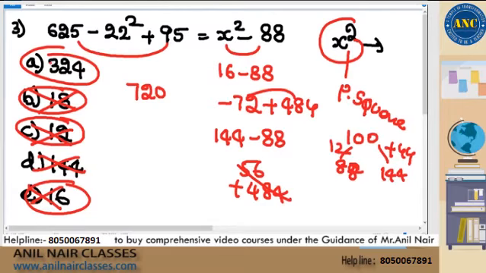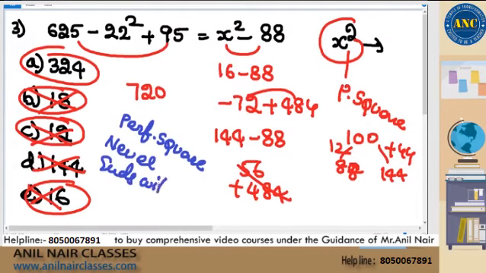625 minus 22 square plus 95 is x square minus 88. Write down the logic in every question. A perfect square never ends with 2, 3, 7 or 8.